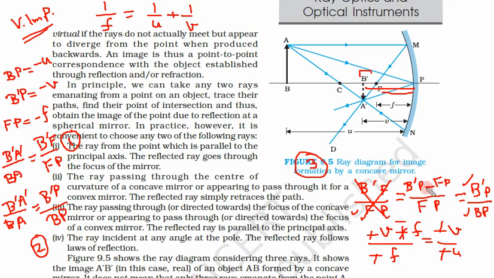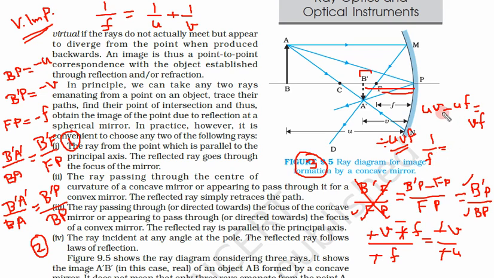v minus f upon f, and this side v upon u. Let us cross multiply. After cross multiply, what we get? uv minus uf must be equal to vf. This is our equation. Let us divide by uvf. So what we get? First term we get 1 by f.